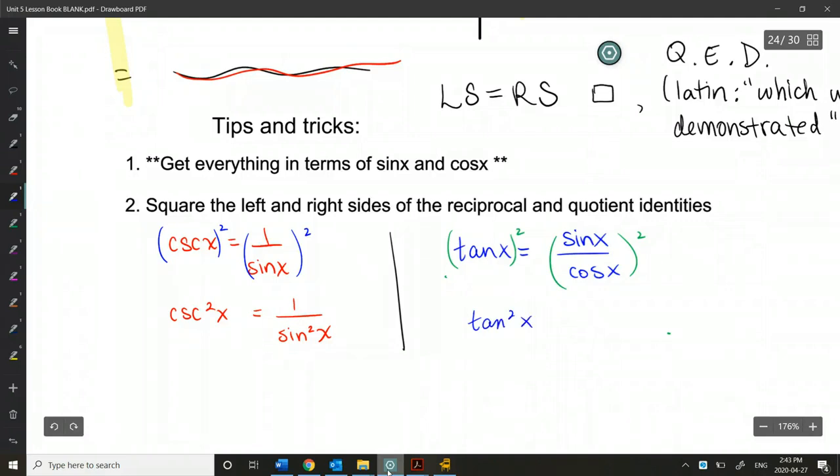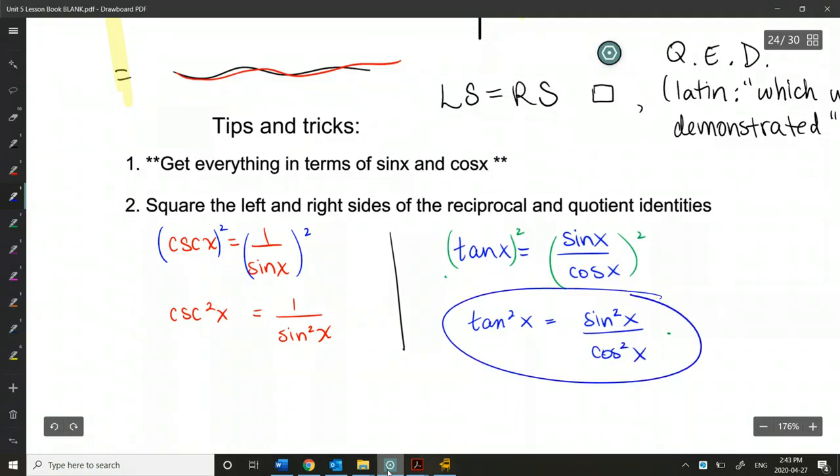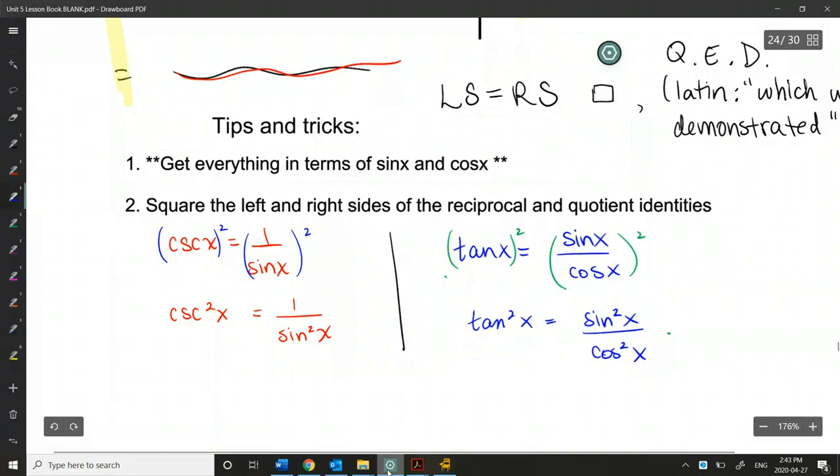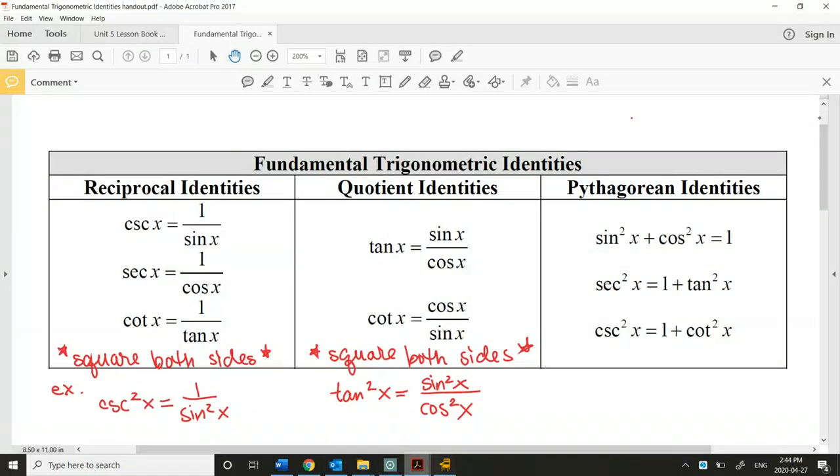And that means that tan squared x is actually equal to sine squared x over cos squared x. This one we use a lot in our proving, so maybe that one would be a good one to add to your identities sheet. And if you wanted to, you could also just make yourself a note on your trig identity sheet that you can do this with all reciprocal and all quotient identities.